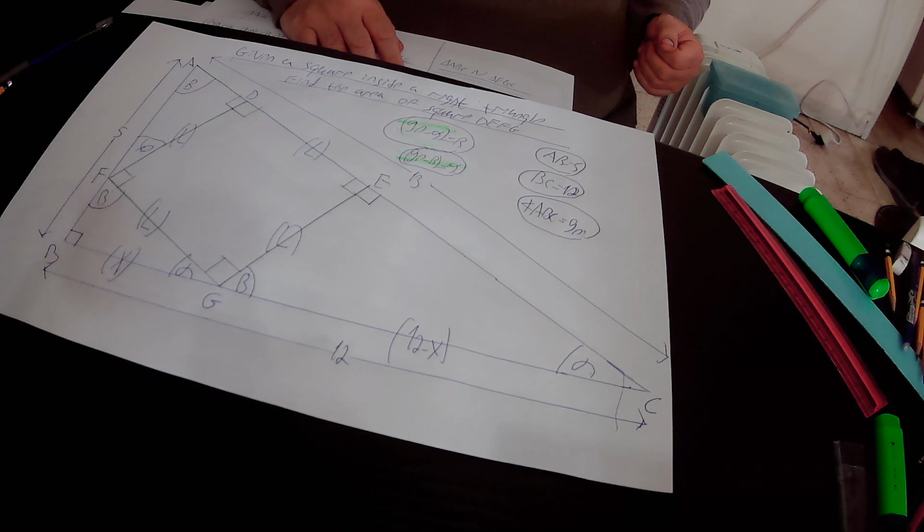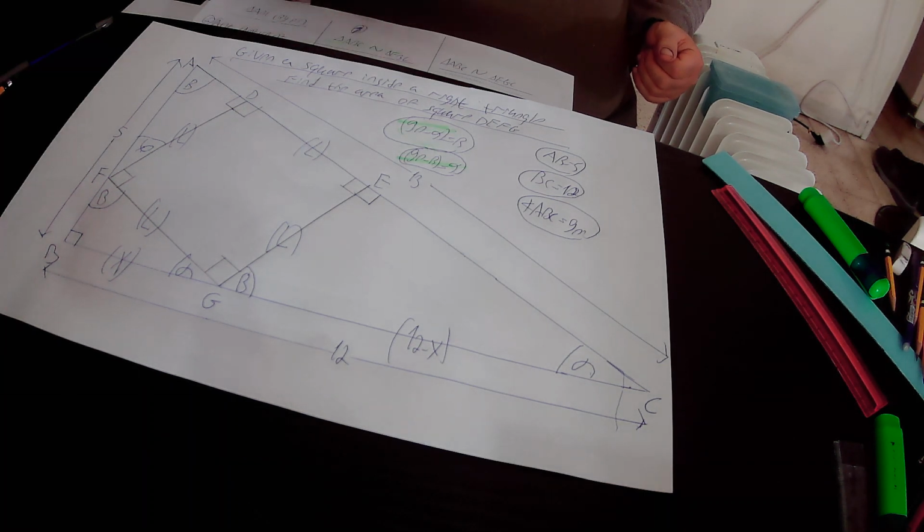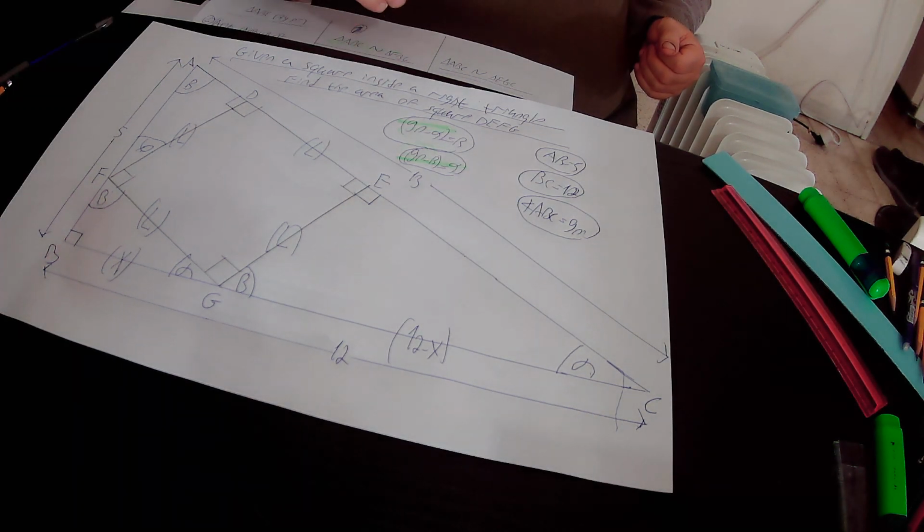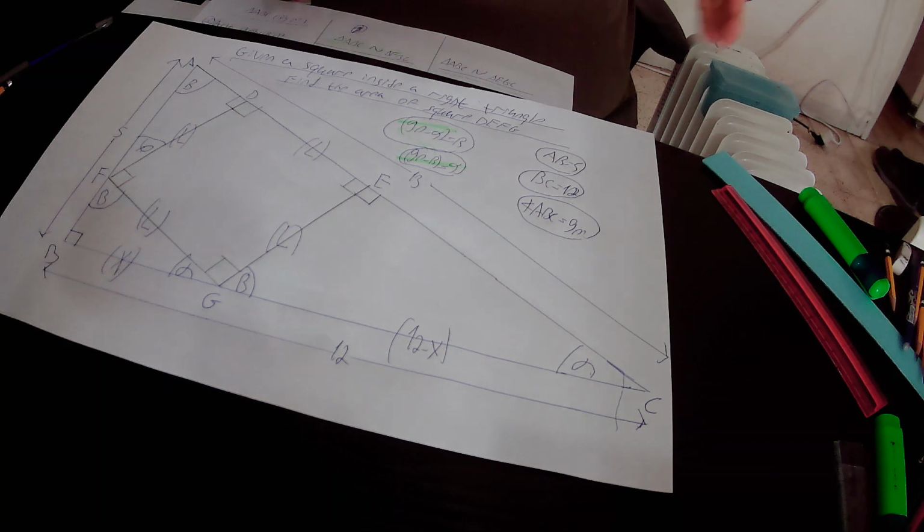Because each right triangle has 3 angles: alpha, beta, and 90 degrees. Actually, all the 4 right triangles have exactly the same 3 angles, alpha, beta, and 90 degrees. Therefore, all those 4 right triangles are similar to each other according to the angle similarity rule.